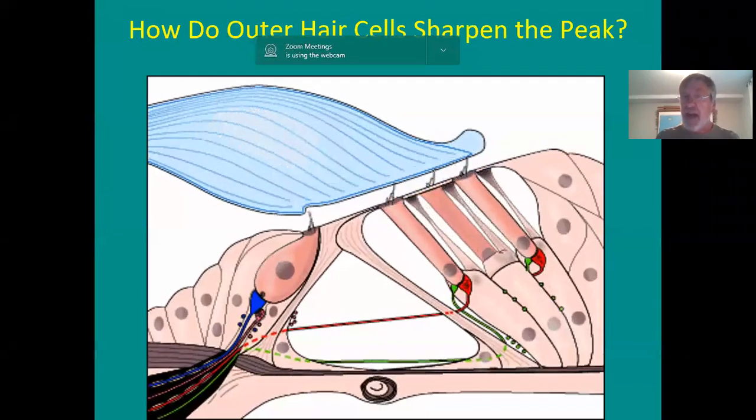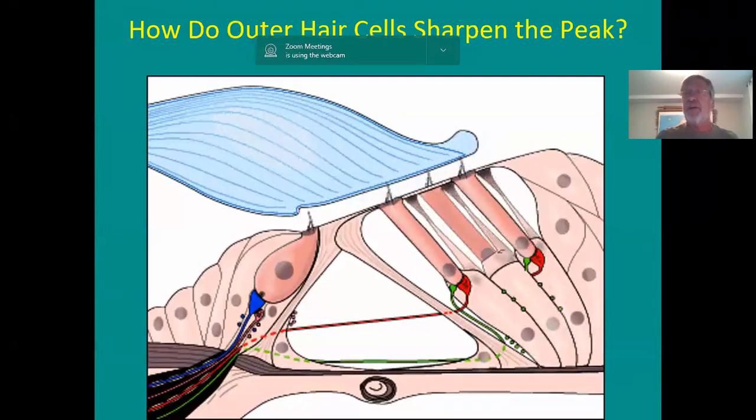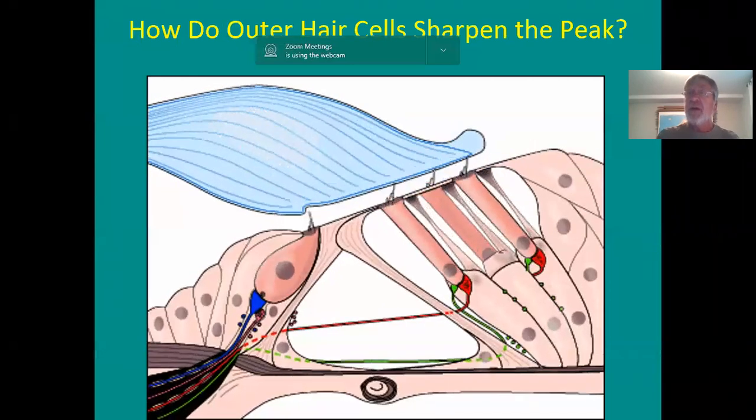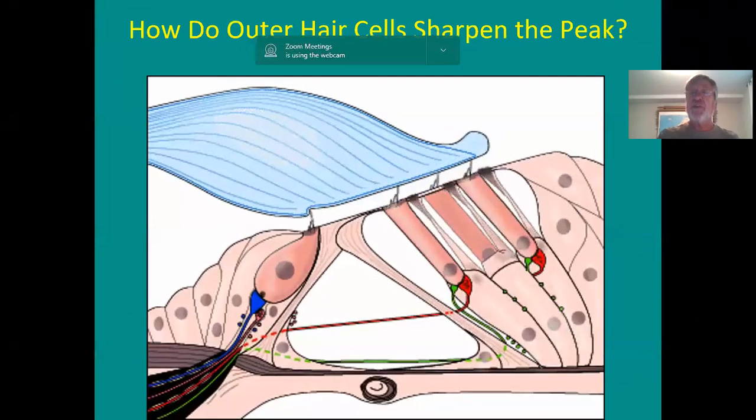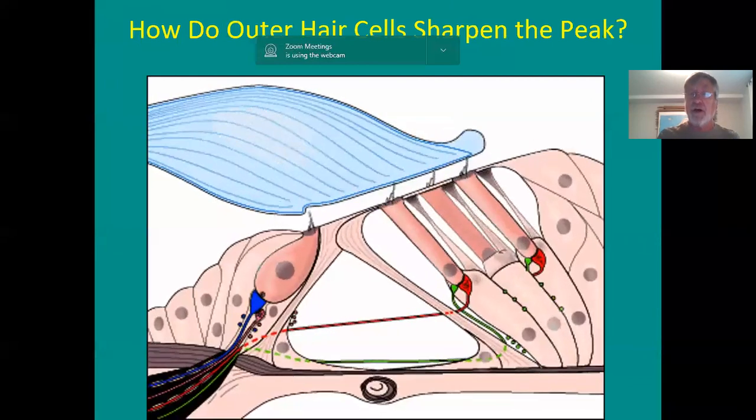So if you've got damage to the outer hair cells, you have an inability to hear sounds softer than 50 dB. That would be sensory presbycusis. When the hearing loss gets worse, you necessarily have involvement of the inner hair cells, because outer hair cell pathology only gives you a moderate degree of loss.